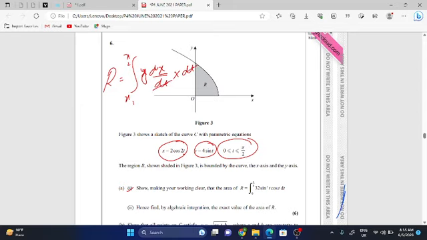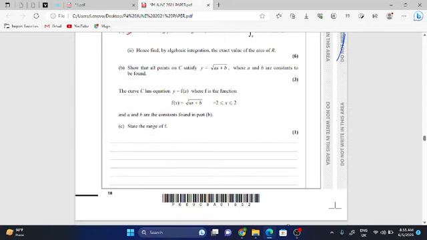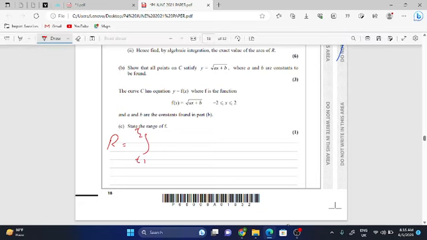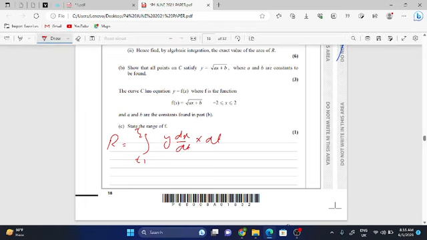That will cancel and make the same thing again, but just because of the requirement, I have to use t, so that's why I will convert it. So the area will be converted into the integral from t1 to t2 of y times dx by dt times dt.